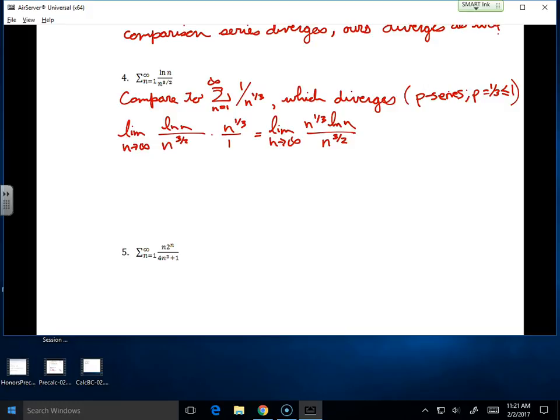If you want to use Sam's way, 2/6 minus 9/6. Oh wait, we're just multiplying, we're not even adding, right? So as n goes to infinity, 1/3 minus 3/2 would be 2/6 minus 9/6, which would be ln of n.